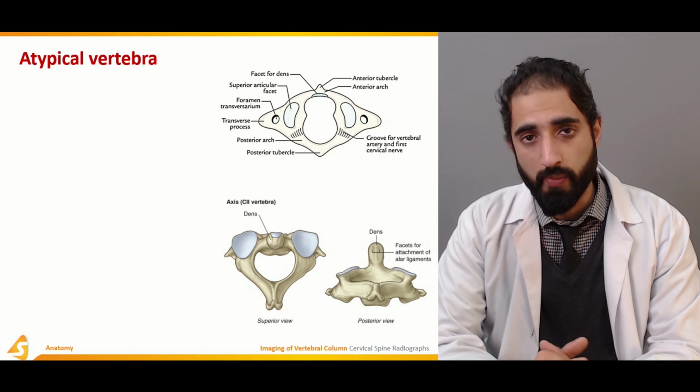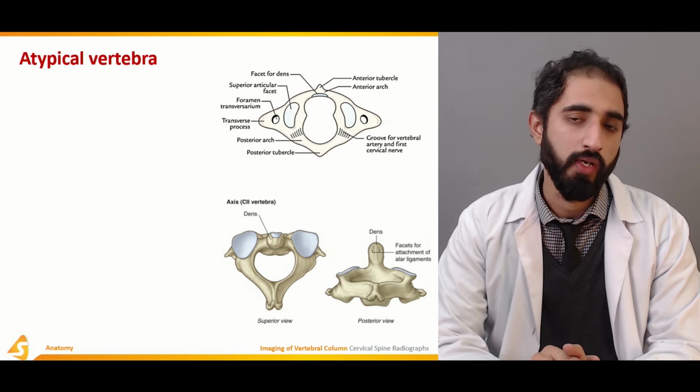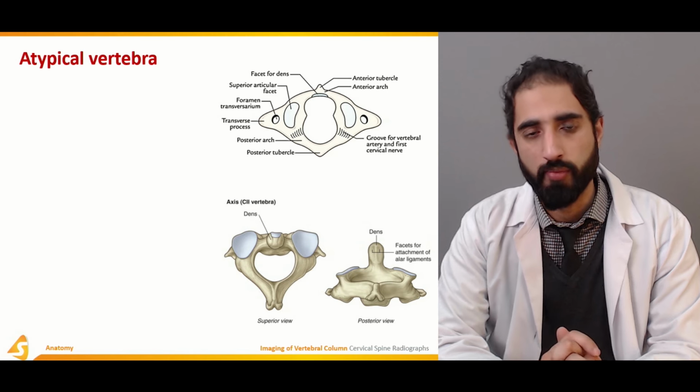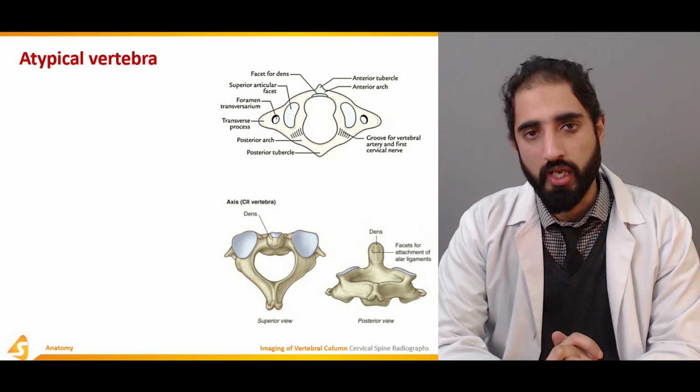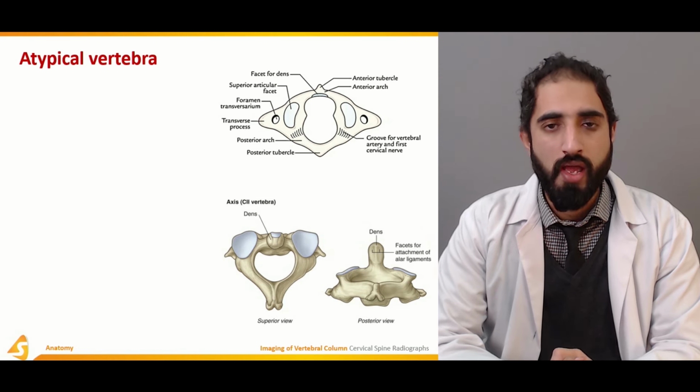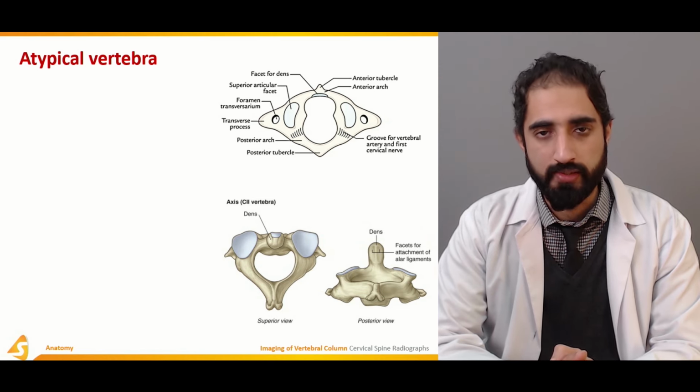But two other vertebrae are very different in their appearance, and even though they are cervical vertebrae, their different shape and morphology make them atypical, and those are C1 and C2, also known as atlas and axis.